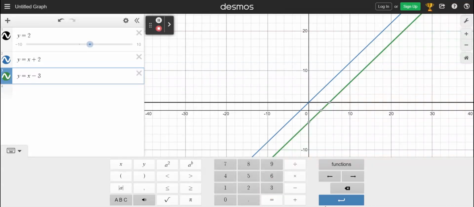Hit the return again. And you can see we wound up with a second diagonal line that is parallel to the first one. The changes in sign and the constant are what shift it off of the axis.